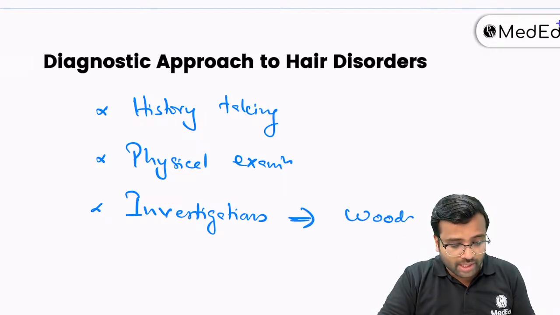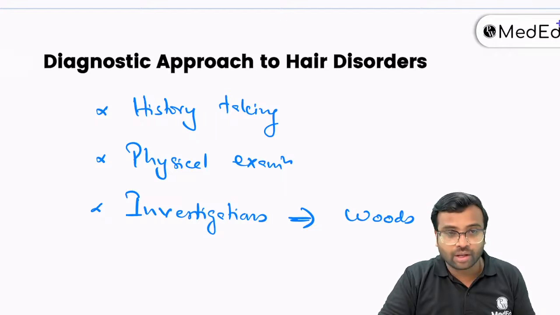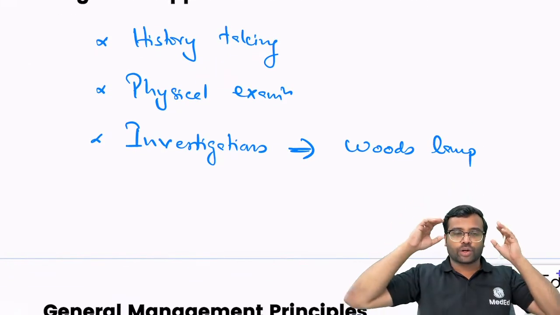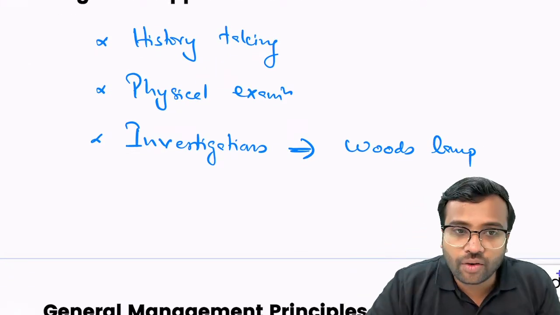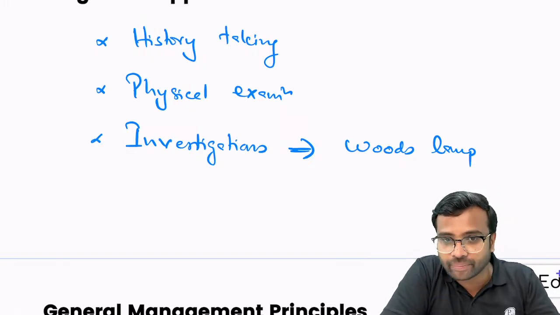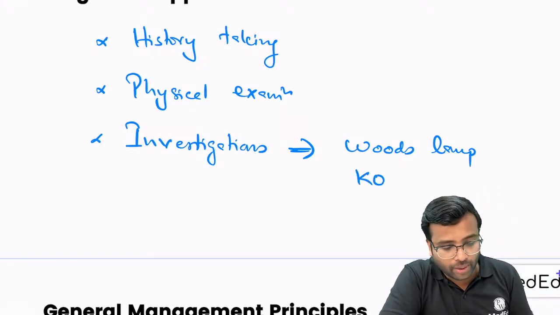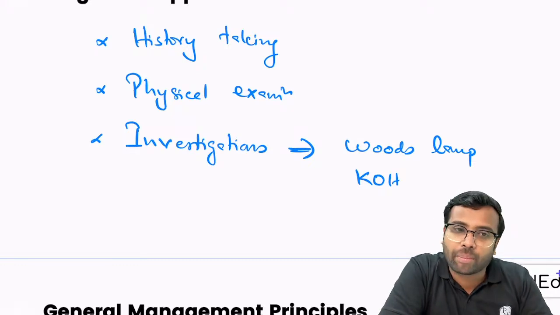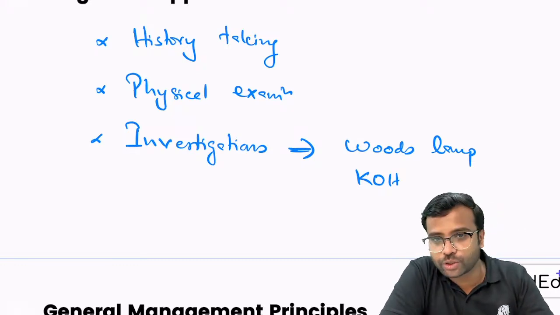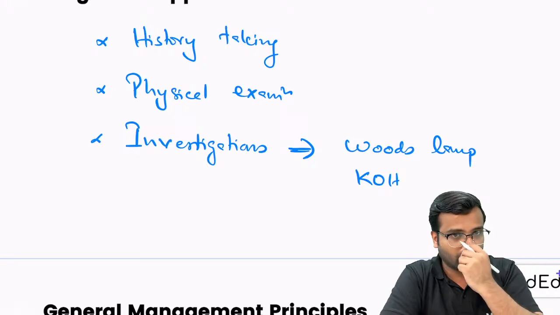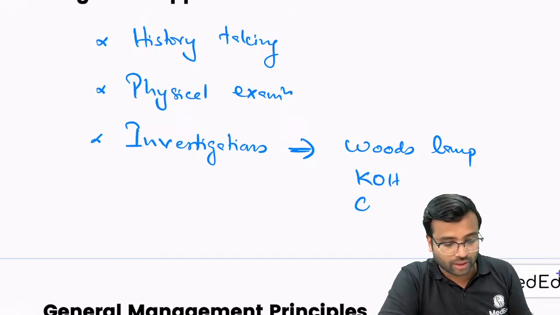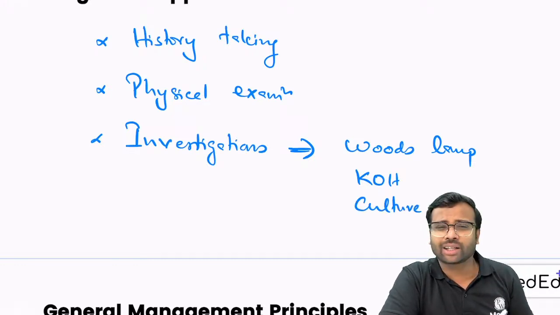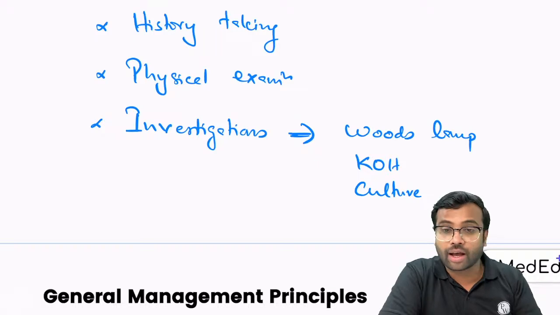One is Wood's lamp examination, because you may get some greenish or yellowish kind of fluorescence when it comes to Tinea Capitis. We will also go for a potassium hydroxide test, because to confirm a Tinea Capitis, we'll go for KOH mount, potassium hydroxide mount. So also we may go for fungal culture, and all those things have to be done.